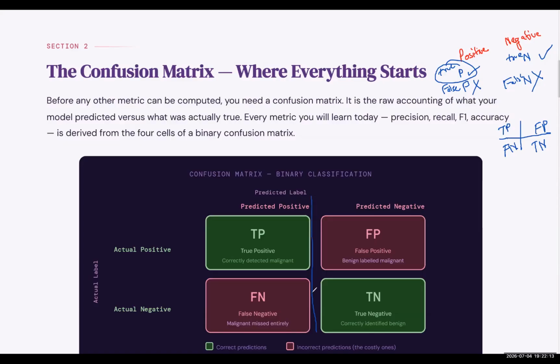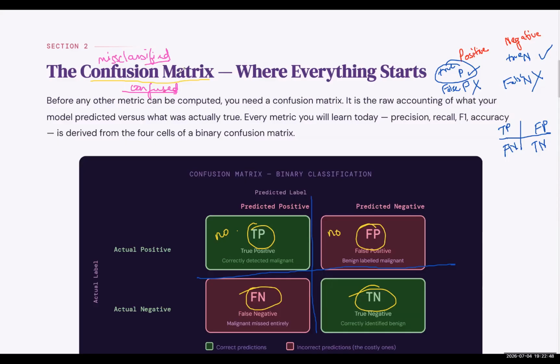Okay. So basically it's just a table with numbers representing the counts of true positives, false positives, false negatives and true negatives. By the name itself you can understand how much the model has misclassified the images, how much the model was confused while classifying your images.